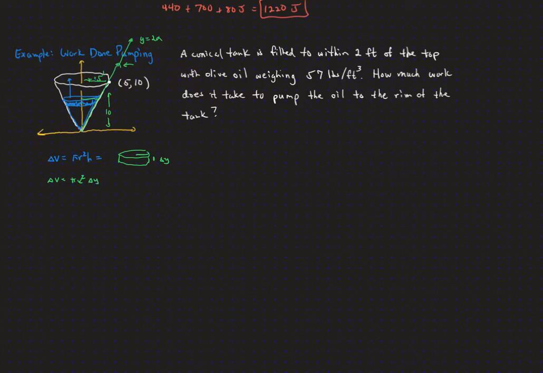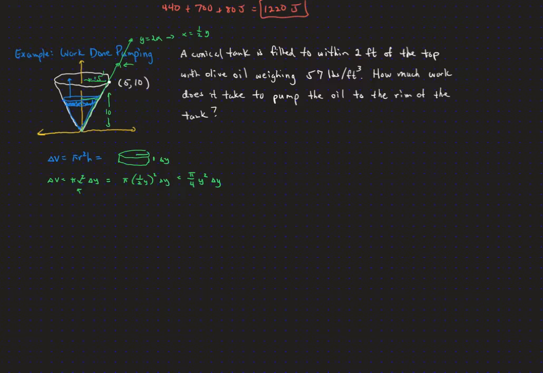So we have to get this x squared in terms of y. If y is equal to 2x, that means x is equal to 1/2 y. So that volume is going to be pi times 1/2 y squared delta y, or we'll call that pi over 4 y squared delta y.